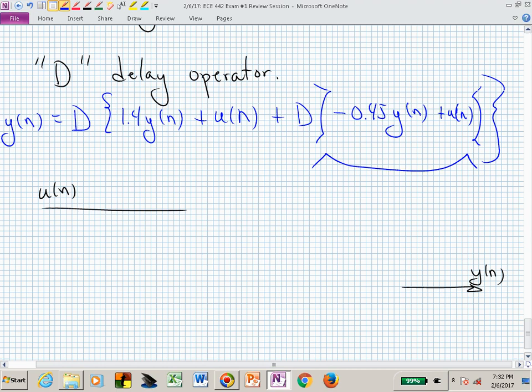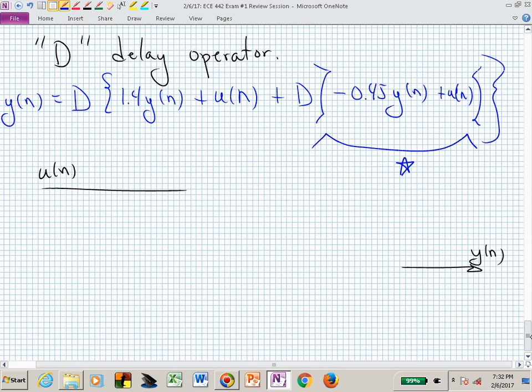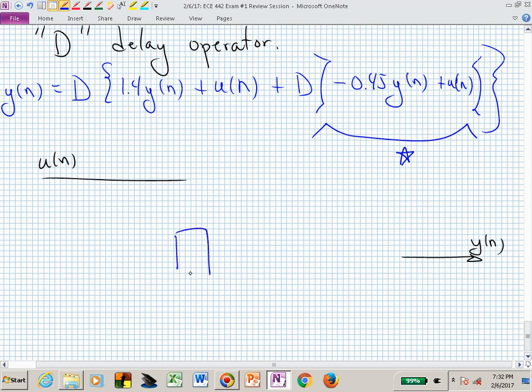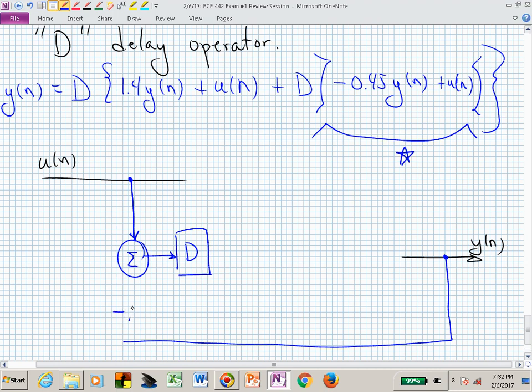So this is going to be the input to the very first delay block. Meaning I now have a delay block right here, and I want to make as an input U of N and minus 0.45 Y of N. And that now gives me right there, that gives me star.